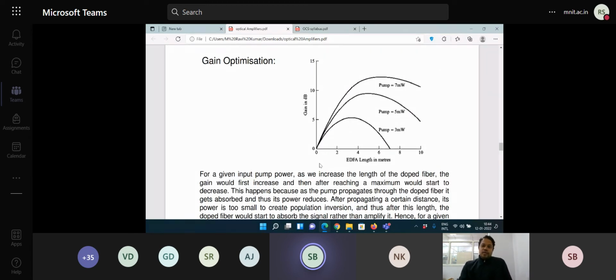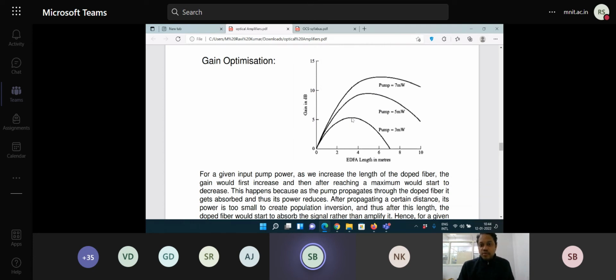So if you look at this graph, the x-axis shows EDFA length in meters. If your pump power is of the order of 3 milliwatts, then you have a high gain of 5 dB at a length of something around 3.5 meters or so.